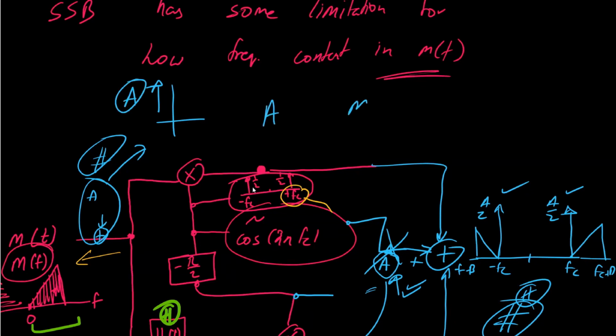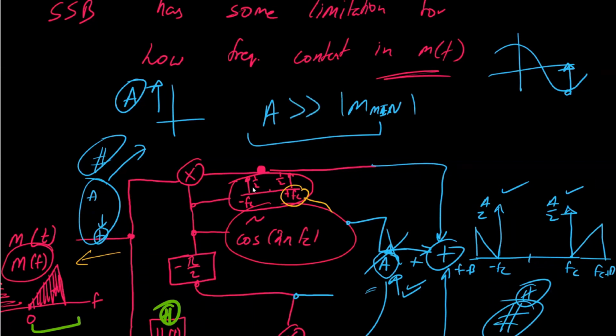So this A and m, what would be the relationship between these two? Is A greater than the maximum value of m, or is it less than the maximum value of m? If this was the signal m of t, at least we need to give this shift, right? So we can say that the value of A must be much greater than this lower peak, or the maximum value if it is having the same maximum and minimum values.